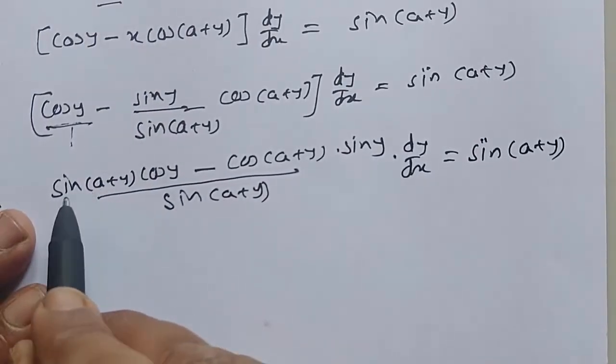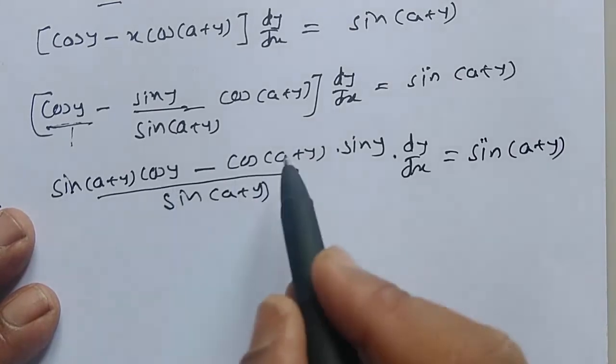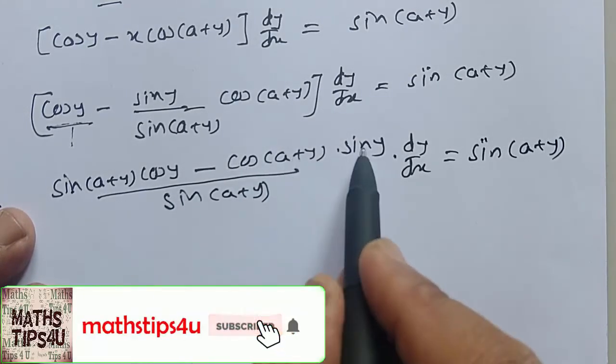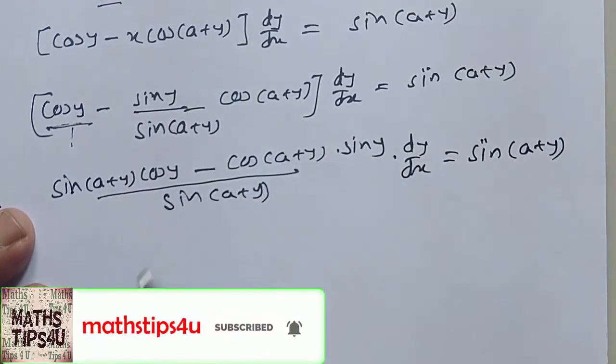Here sin alpha cos beta minus cos alpha sin beta, we know that is sin of alpha minus beta.